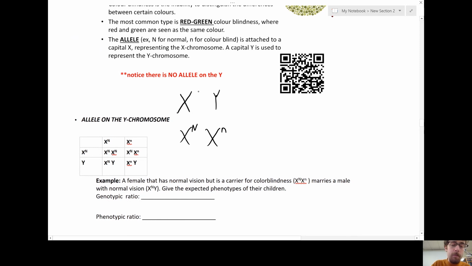And we could still match it up with the male XY, but notice that there's no allele attached to the Y. There's just kind of nothing that will match up with that allele on the Y chromosome. So just don't write anything there.